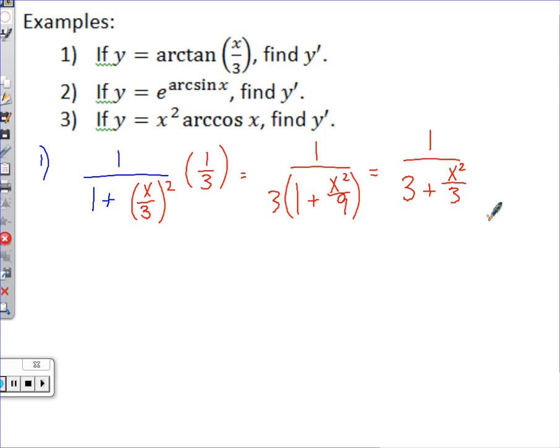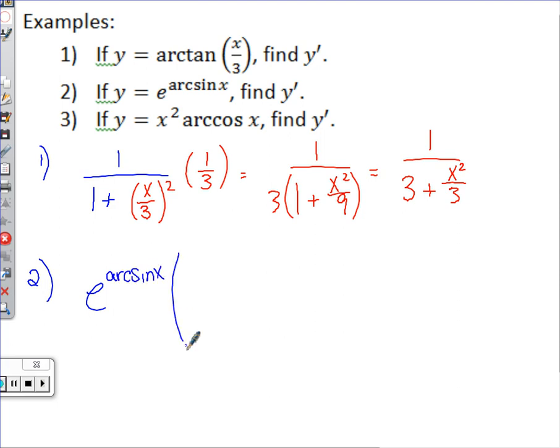Let's say the inside function was the arc, and the outside function was the regular thing. So, what's the derivative of e to the something? E to the something. So instead of e to the x, it would be e to the arc sine of x.